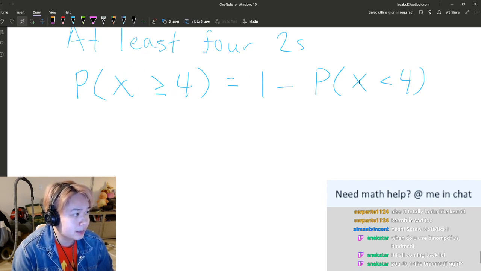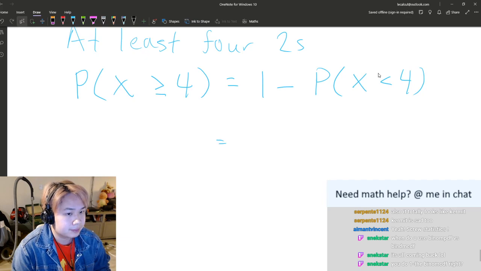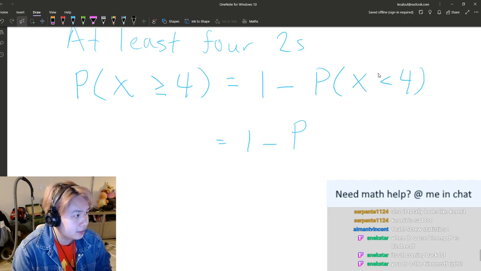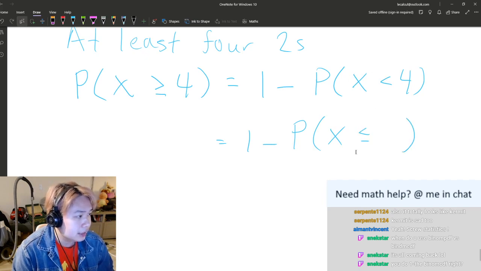And this is good because this is an upper boundary, so we can calculate CDF with it. But you do need to change this into a proper inequality with an equal sign. Because x is counting stuff, it's whole numbers. Being less than 4 is the same as saying being equal to 3 or less. And we can calculate this.